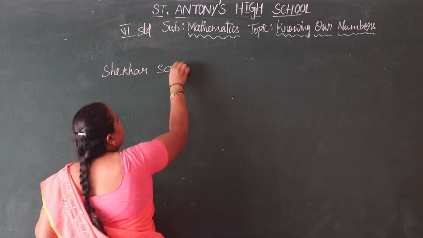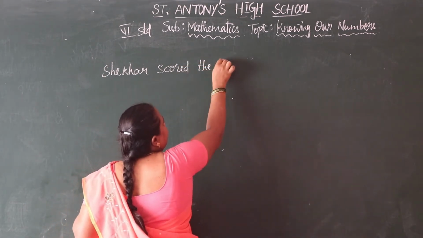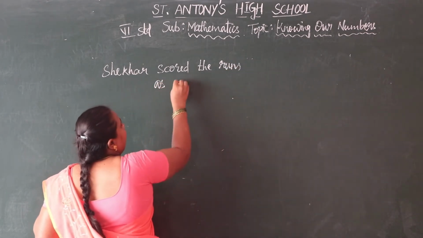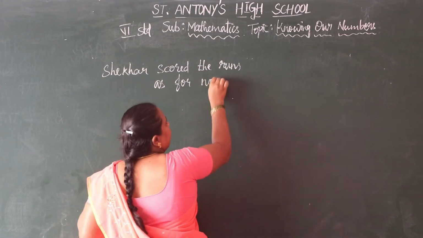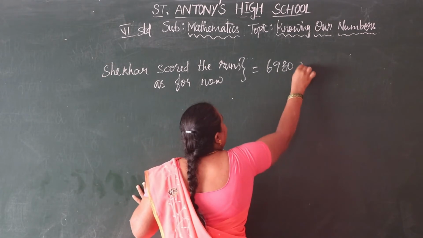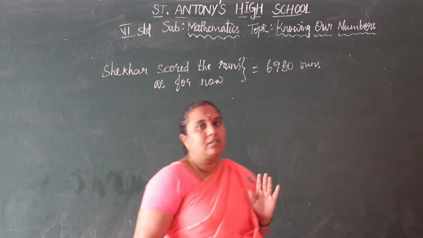Shekhar has scored runs till now equal to 6,980 runs. But he wished to score 10,000 runs.